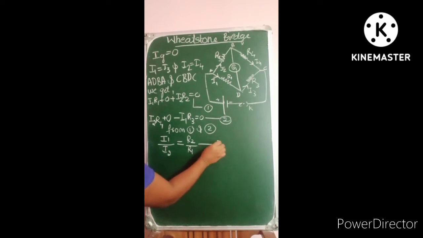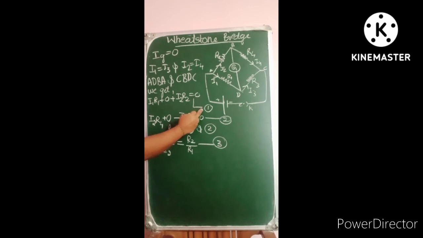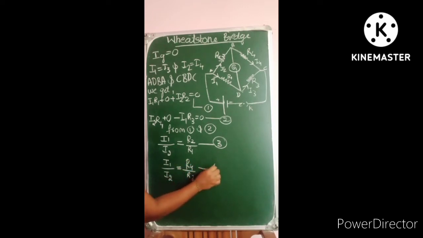Take this as equation 3. Similarly, from equation 2 we have I1 divided by I2 equals R4 divided by R3. Take this as equation 4.